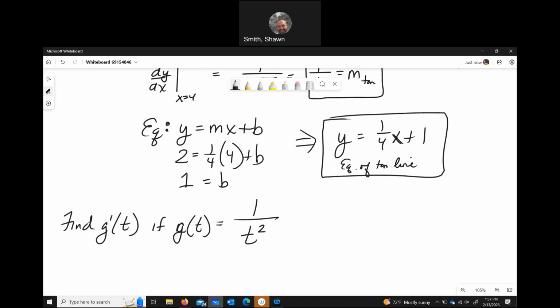See if you could set up your definition of a derivative as limit as h goes to 0 of g of t plus h minus g of t all over h. So it's going to be a little bit messy looking algebra, but you have to figure out. We'll simplify it down to where you can get this derivative. I'll give you about 10 minutes on this, or if anybody needs to get out, take a break, feel free to do that.